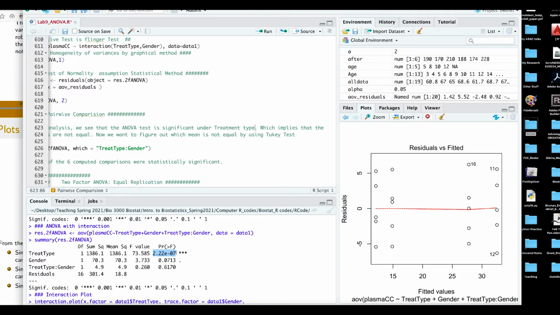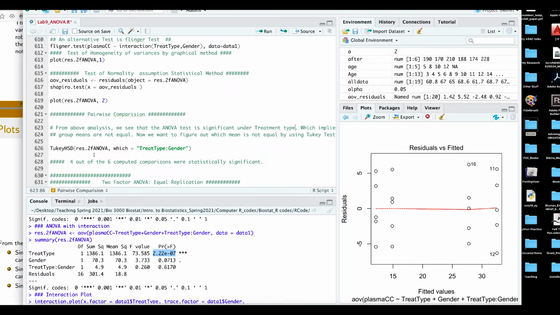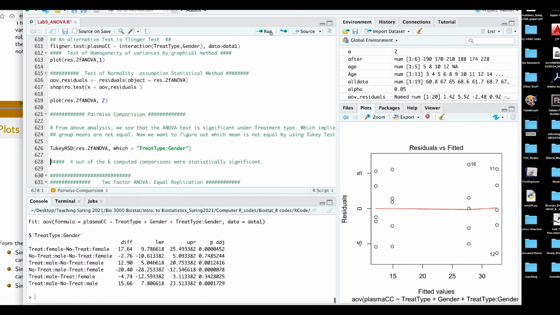But if there are more than 2 blocks or more than 2 columns and you reject the null hypothesis, we want to find out which two are not equal, which one has an average different from the others. In that case, we use the Tukey test. This is the code you do: result.to ANOVA equals treatment type and gender.